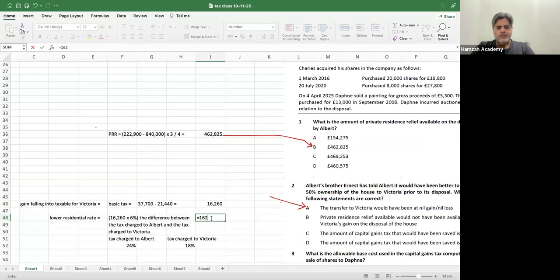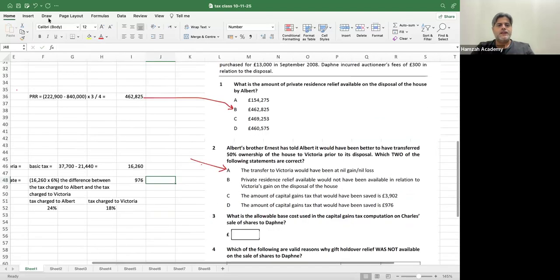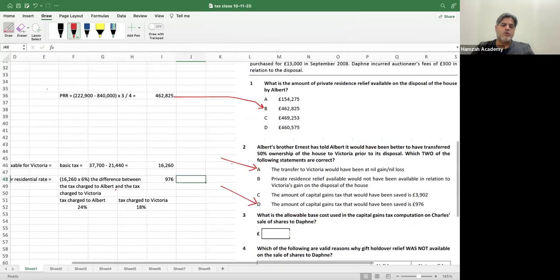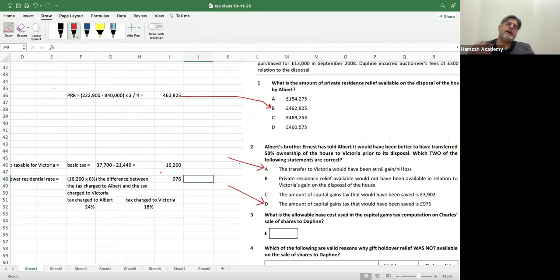So 16,260 into 0.06, we get 976. So technically 976 is something that would have been saved, because over and above the rest of the amount that we have, we would have been charged tax at the higher rate. So this is the main saving that we could have gotten over here, right?